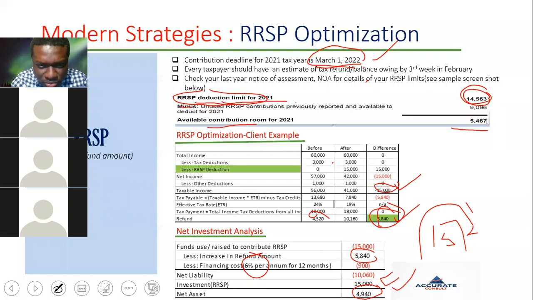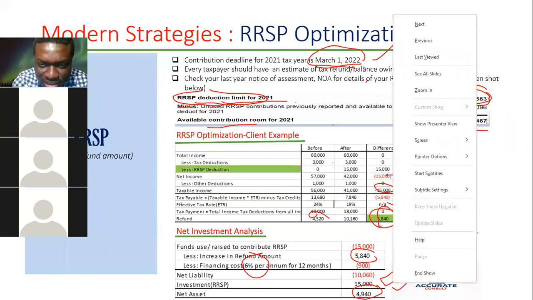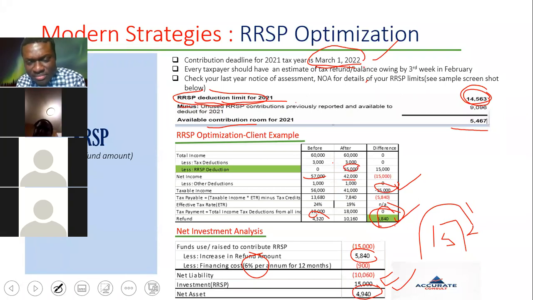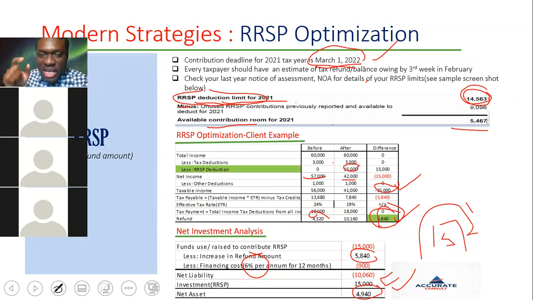Oh, okay, then, no, I think what reduced the net income from 57 to 42 was this RSP contribution. So RSP will reduce your net income from your total income.